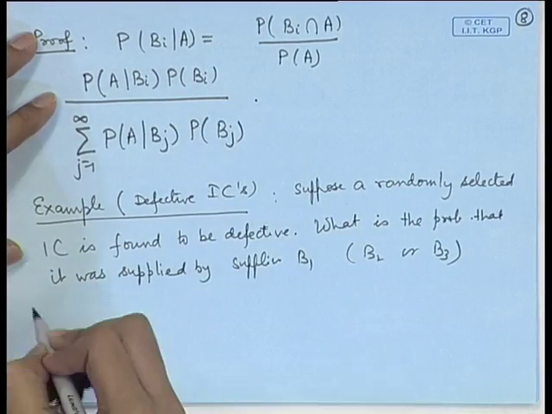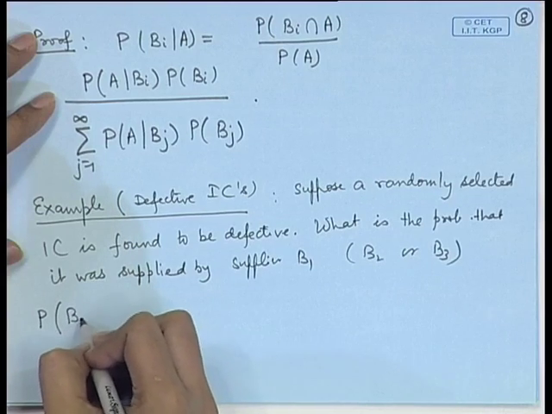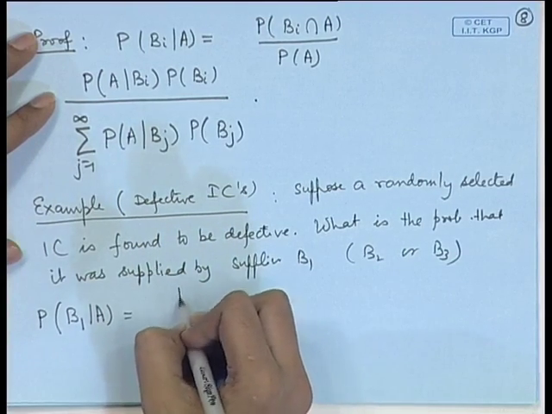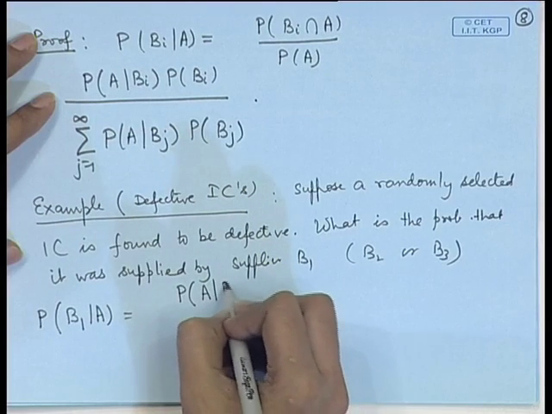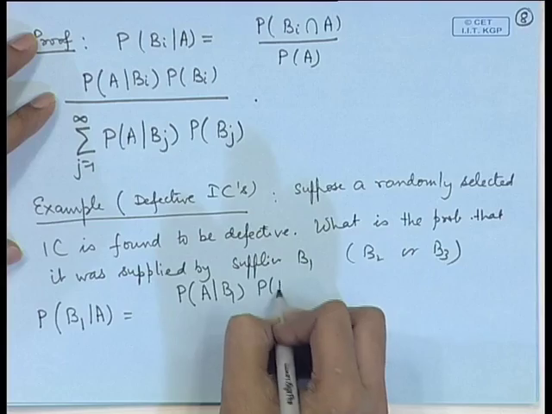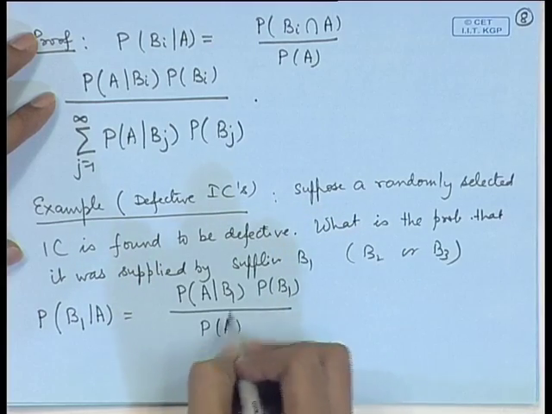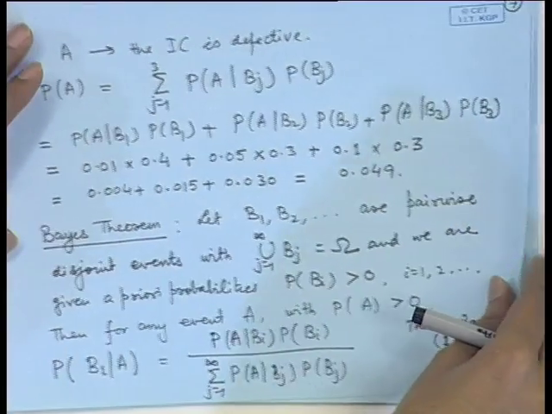Let us look at the first one. We are interested in finding out the probability of B 1 given A. By the definition of Bayes theorem, it will become probability of A given B 1 into probability of B 1 divided by probability of A. We already evaluated the probability of A as 0.049.